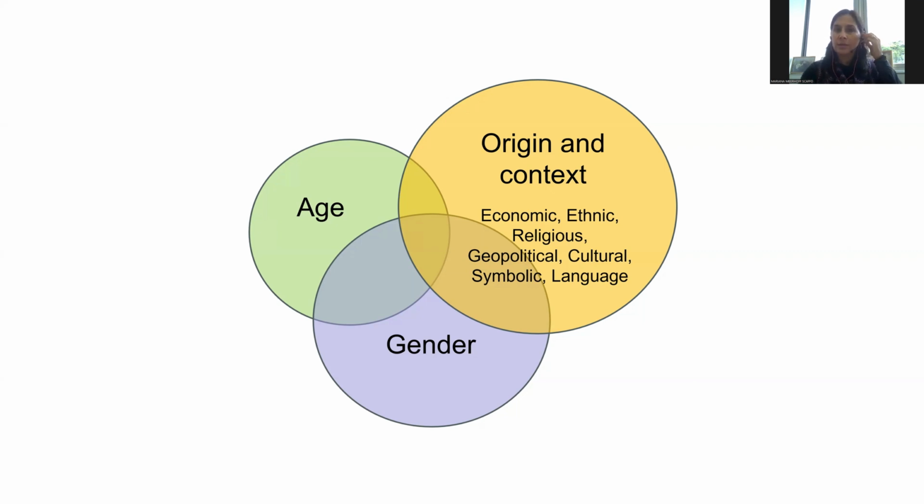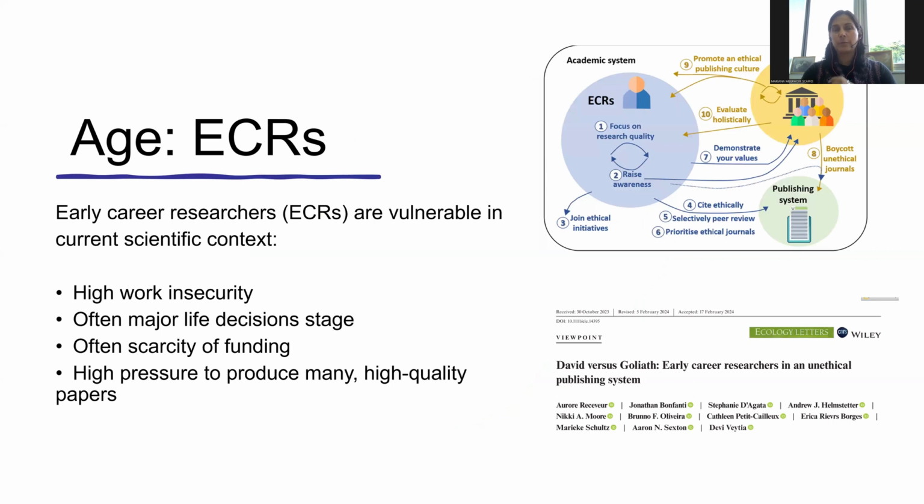And by context and origin, we mean the economic context of the country or the group, ethnicity, religion, geopolitical situation, cultural settings, even the symbolic context and the language barrier. All these factors are preventing us from having a truly diverse community.